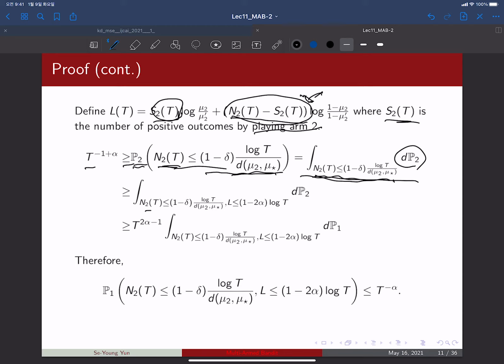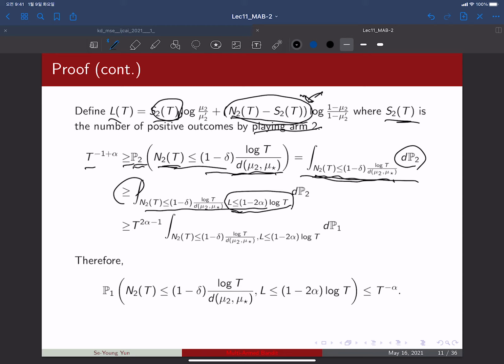Why? Here we add one more condition: this L value is less than (1 minus 2 alpha) times log t. When you add some more conditions, the probability shrinks. We can easily see that when you add more conditions, the probability decreases. This inequality comes from that fact.